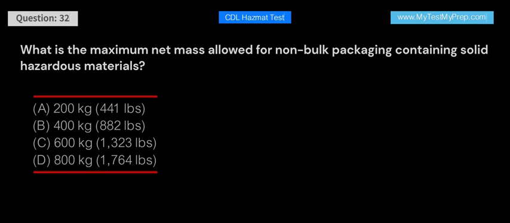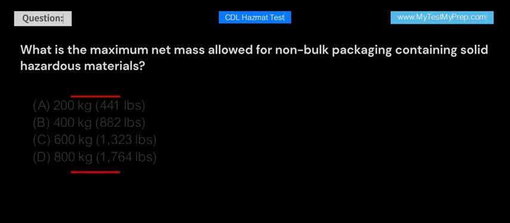D. 800 kilograms, 1,764 pounds. Answer: B. The maximum net mass allowed for non-bulk packaging containing solid hazardous materials is 400 kilograms, 882 pounds. This limit helps to ensure the safe transportation of hazardous materials in smaller containers while maintaining compliance with regulatory requirements.